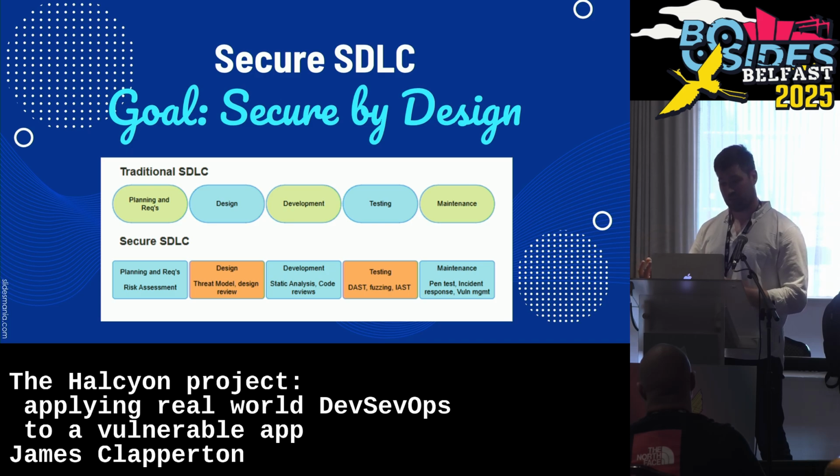When we get into the testing phase, things get a bit more fun. We can introduce some DAST, some fuzzing techniques and things like that to simulate a penetration test against the application itself. And then when it comes to maintenance, we're generally looking at things like vulnerability management, incident response. So if a hack does occur, how are we going to respond to it? How is the operations team going to deal with it? Things like that as well.